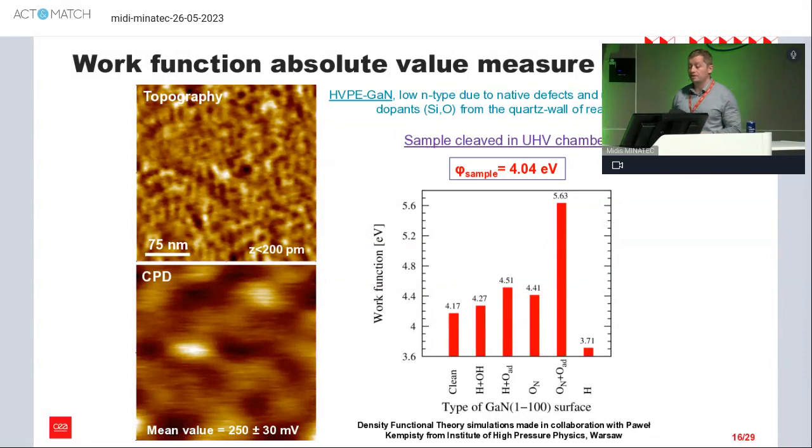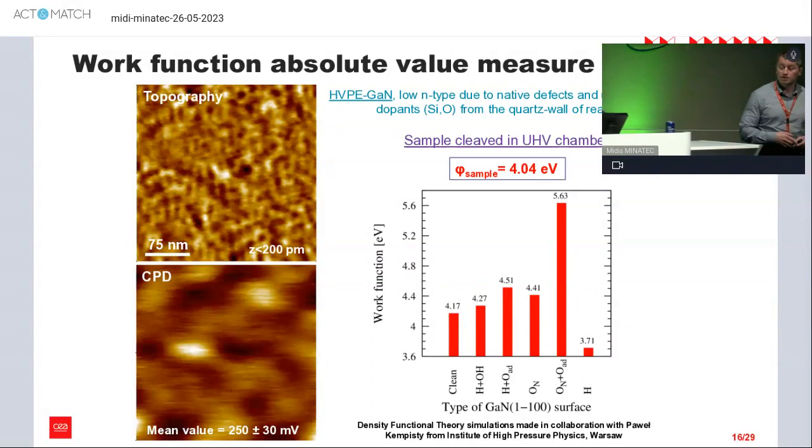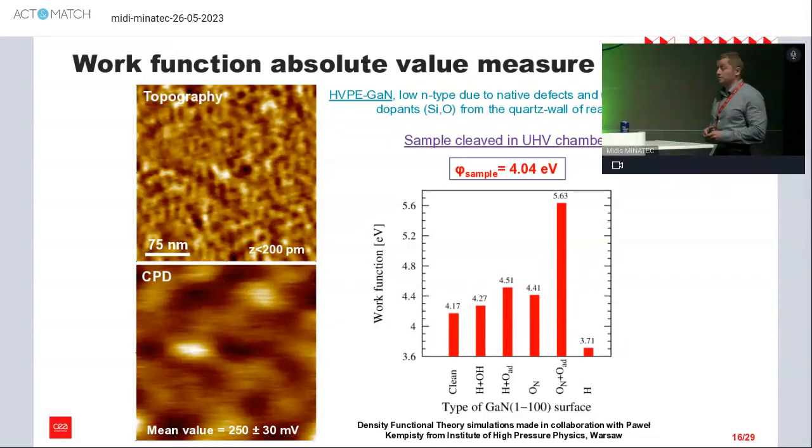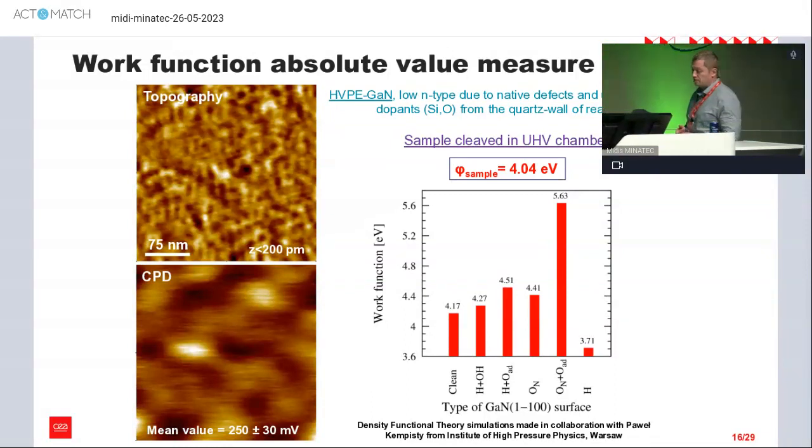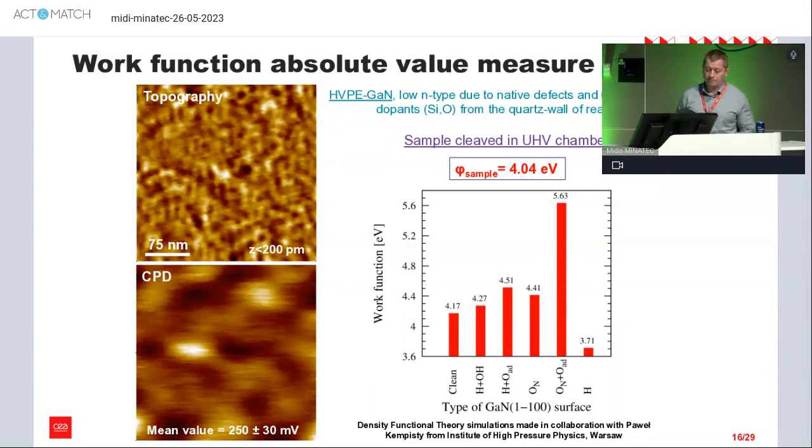And we can see that the work function of a sample has a value very close to the clean sample. Why? Because this sample was cleaved under ultra-high vacuum, so we consider this surface as very clean without any surface states, and that's why those values are matching.